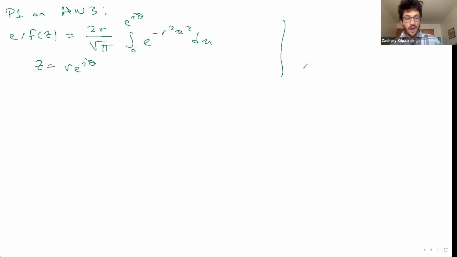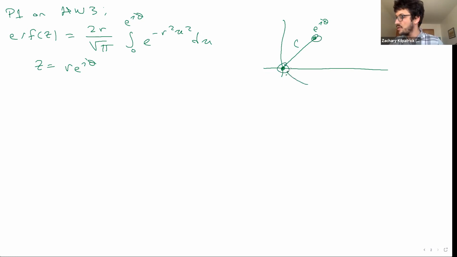If we sketch this out for a particular value of theta, and in the problem they tell you to start with theta somewhere between minus pi over 2 and pi over 2, then this is what your contour looks like. The idea is that you have to figure out where to draw a contour from here and where to draw a contour from here.